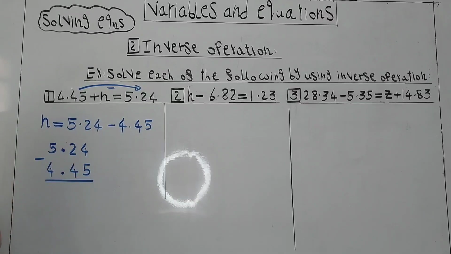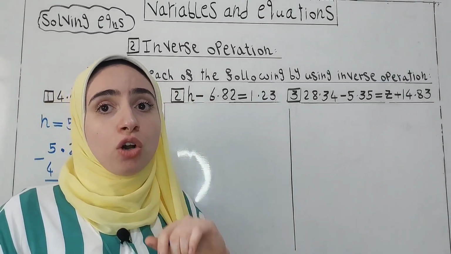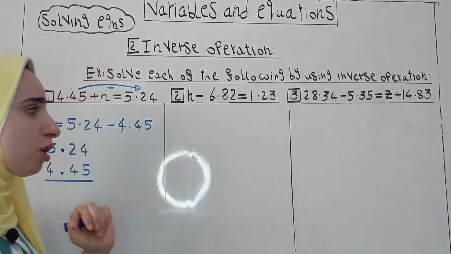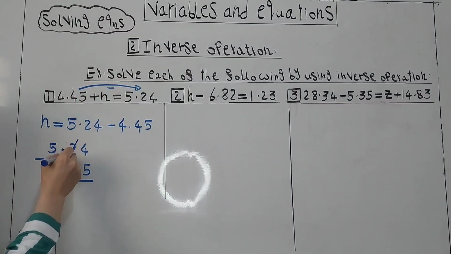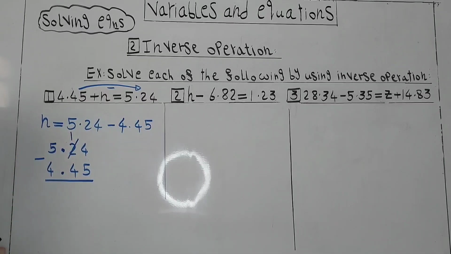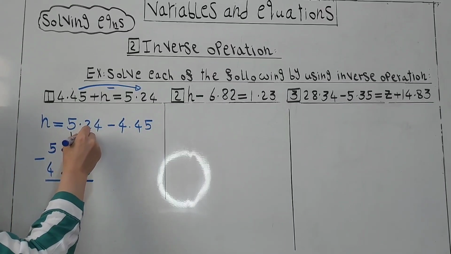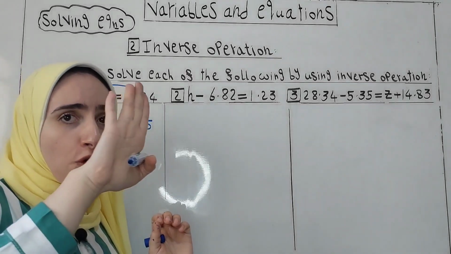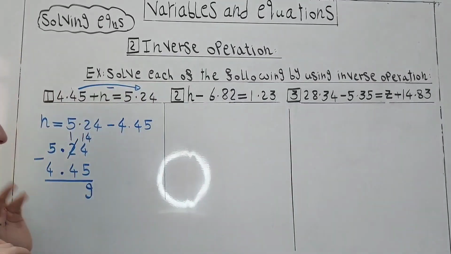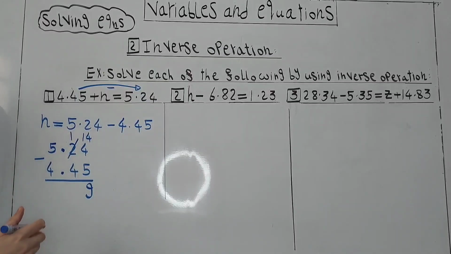Now 4 minus 5. Can you take away 5 from 4? No, it doesn't work. So we borrow 1 from the next digit. We cross out 2 and write 1 and add 10 to the digit 4. It will be 14. Now we subtract. 14 minus 5 equals 9. Now 1 minus 4. Can you take away 4 from 1? No, it doesn't work. So we borrow 1 from the digit 5.